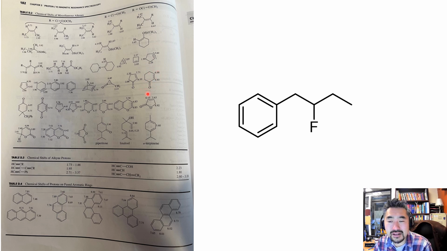Like if you have a functional group that's, say, a carbonyl conjugated to a double bond, you could use this to approximate what sort of chemical shift you should expect if you have a similar substructure in your compound that you're interested in predicting the chemical shift for. So definitely make use of these chemical shift tables and charts. They should help you, and not just in this assignment, but pretty much all of the assignments in this class.